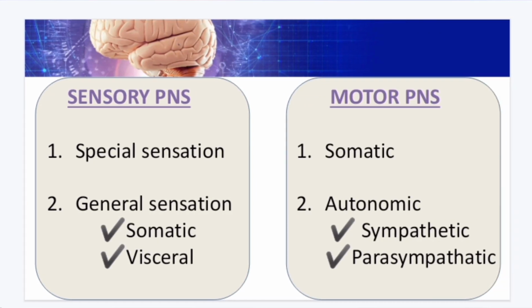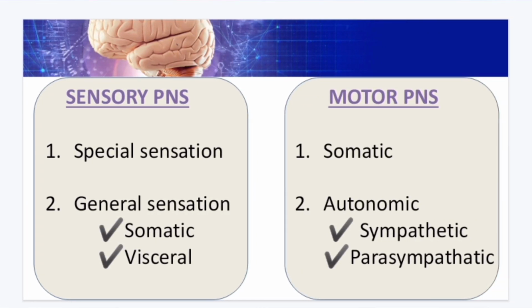So let's see the difference between the sensory PNS and motor PNS. What they actually deal with is that in the case of sensory PNS, they function in special sensation, which is related to vision, olfaction, taste, hearing, or equilibrium of an organism. Another function is that they deal with general sensation.